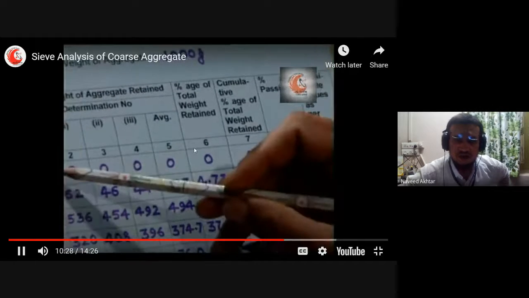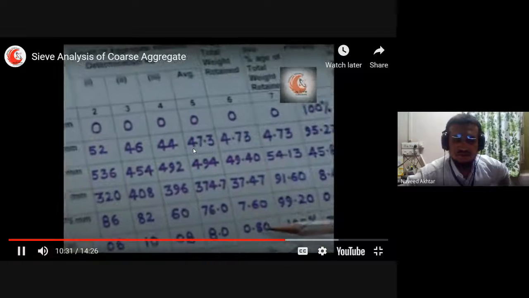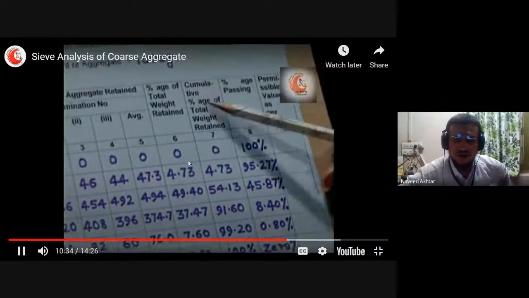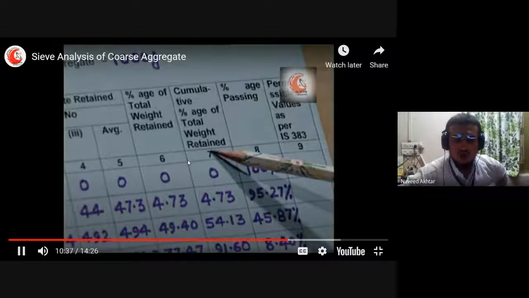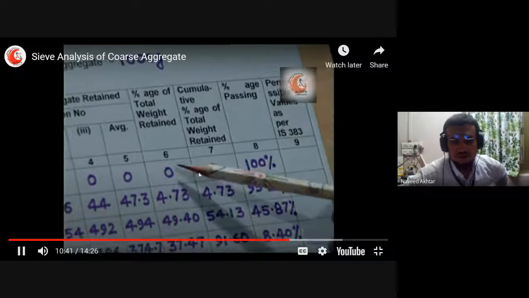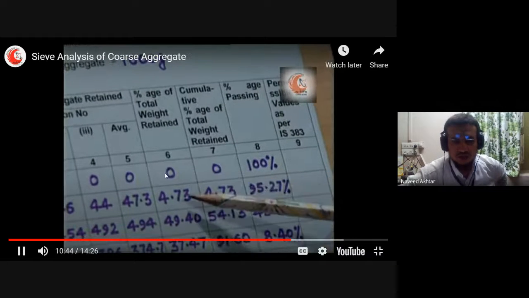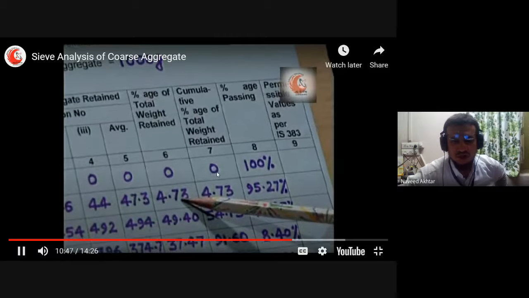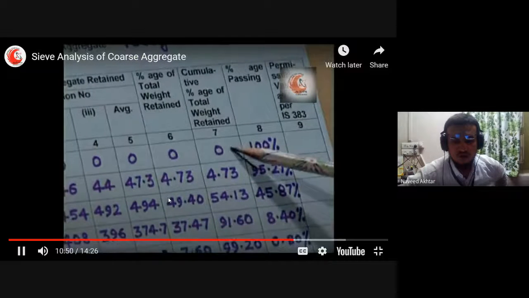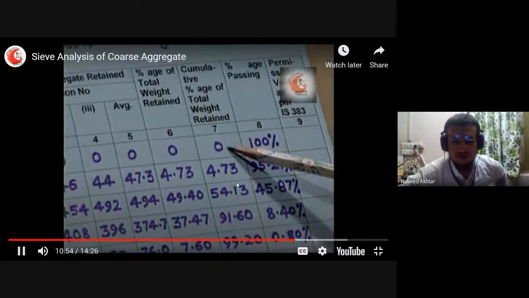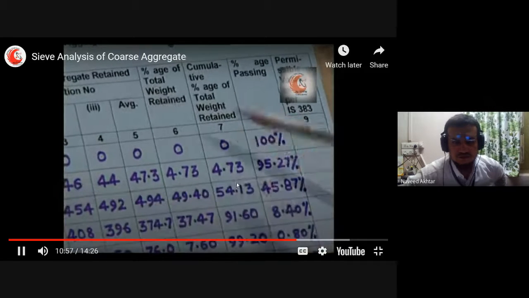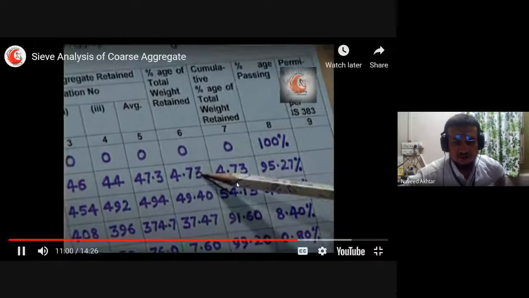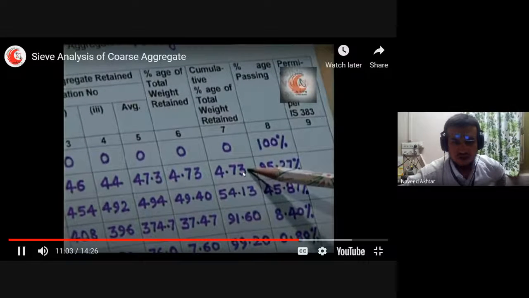Then you have to find the cumulative percentage weight retained by adding: 0 plus 0 is 0, 0 plus 4.73 is 4.73% on 16 mm.